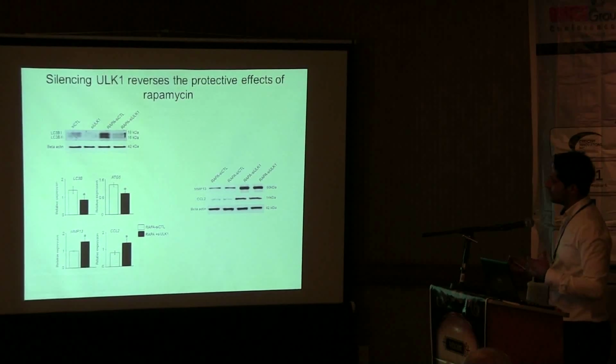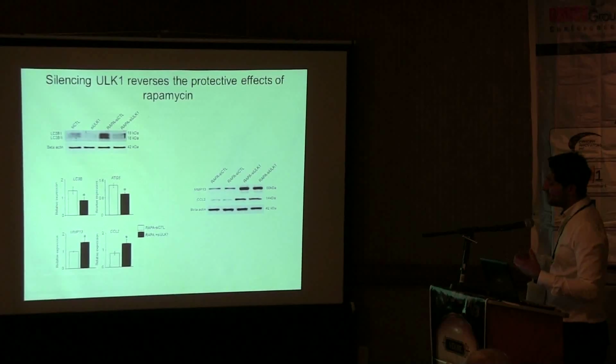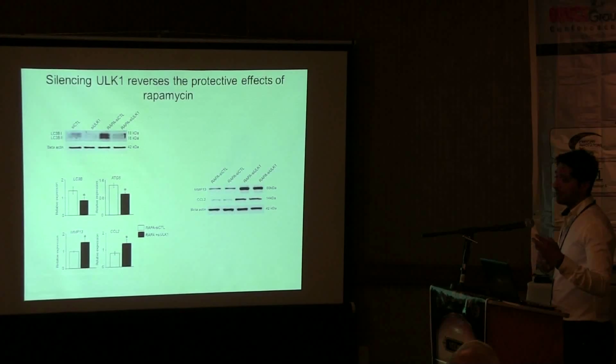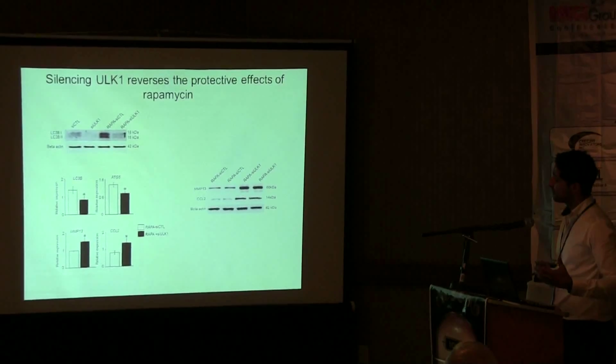So what we did was we took our cells and treated them with rapamycin in the absence of ULK1 siRNA. Of course, rapamycin is giving protective effects, but we wanted to see if these protective effects can be reversed if you're blocking something downstream which is actually initiating the autophagy pathway.